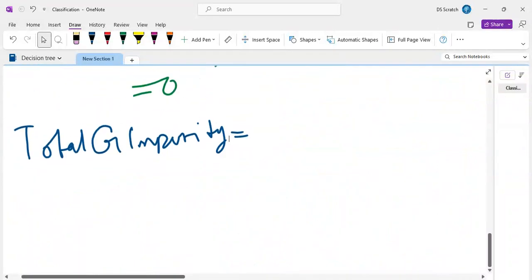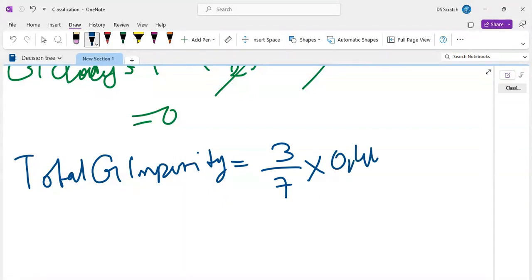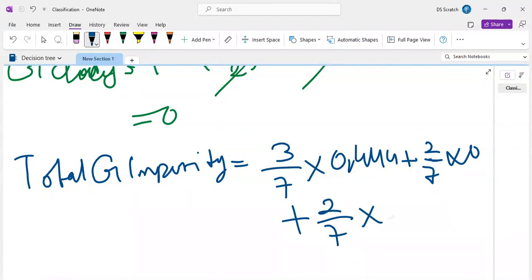So for the sunny weather, it is 3 over 7 times its impurity, which is 0.444, plus for cloudy we have two samples over 7 times 0, plus for the rainy we have 2 over 7 times 0.